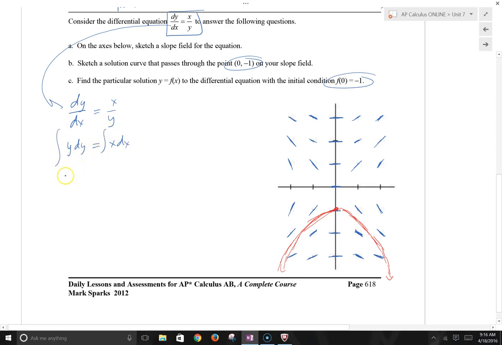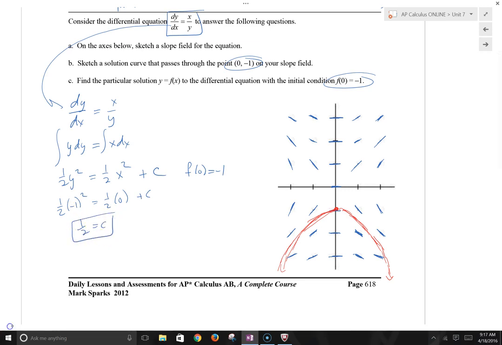So we have 1/2 y squared equals 1/2 x squared plus c. And we know f of 0 equals negative 1, so we can plug in 0 for x, and negative 1 for y. So we have 1/2 times negative 1 squared equals 1/2 times 0 plus c. Negative 1 squared is 1, so we get 1/2 equals c.